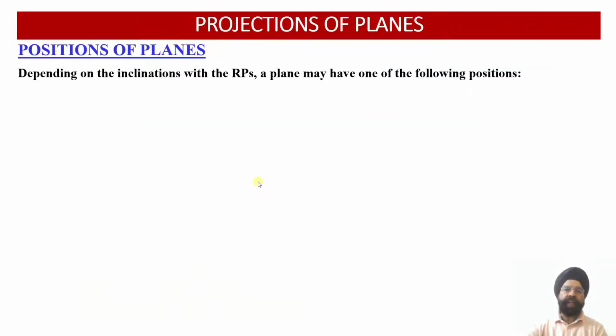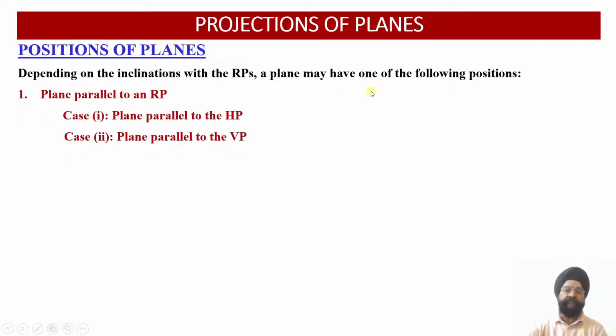In our earlier lectures, we have already discussed the projections of planes located in different positions with respect to the coordinate reference planes, that is, the horizontal plane and the vertical plane. The first case was when the plane is parallel to the horizontal plane or the vertical plane.